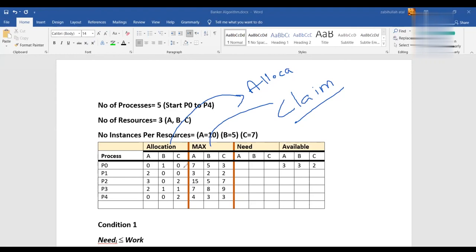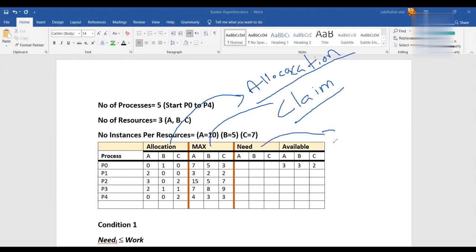Because this is the algorithm. The algorithm will always keep the system in a safe state. So it will make the process wait for some of the resources. If you remember, we already studied the parameters that a process may wait or a process may have all its claimed resources.